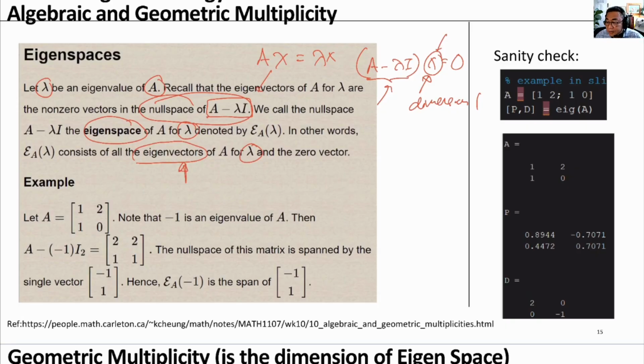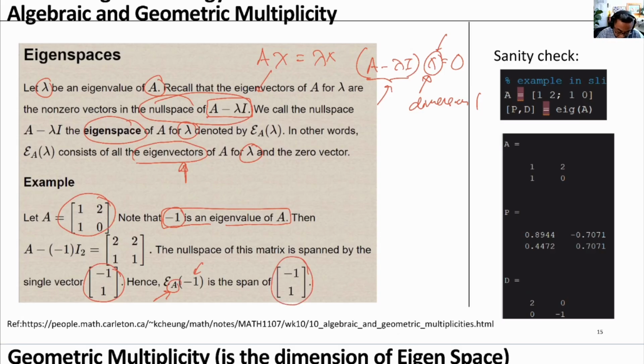Okay, let's see. In this simple example of a 2 by 2 matrix, it was given to us that -1 is an eigenvalue of A. Once we are given an eigenvalue, we can compute the eigenvector. It is only a single eigenvector, and therefore we say that the eigenspace of A for the eigenvalue -1 is spanned by this eigenvector.